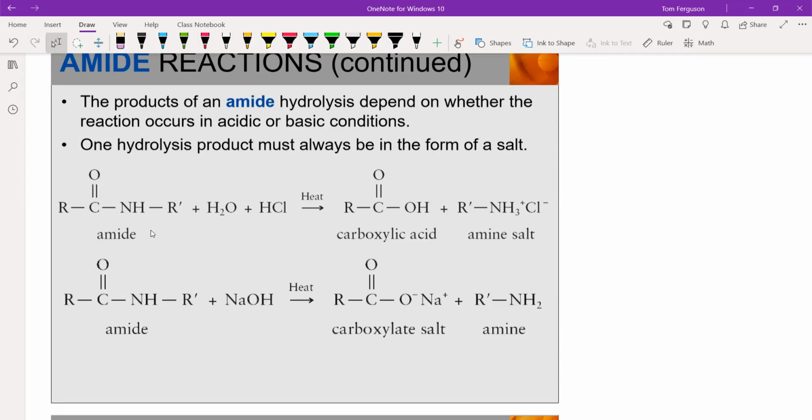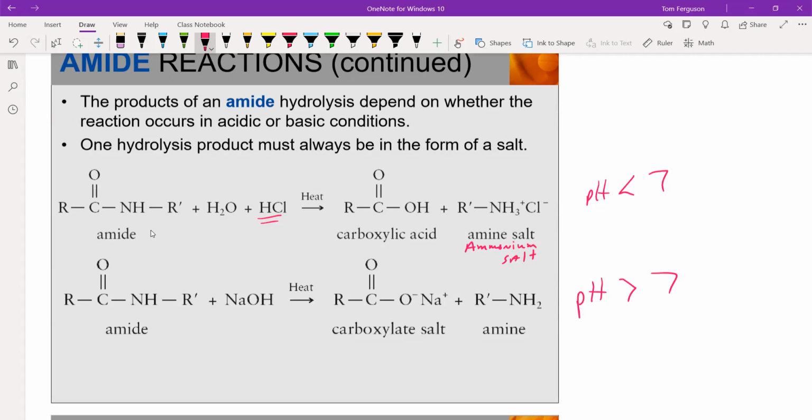Now, as I went over before, when you have a pH less than 7, when an amide breaks up, you end up with a carboxylic acid and an ammonium salt.